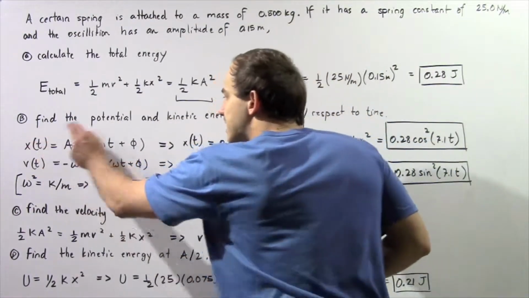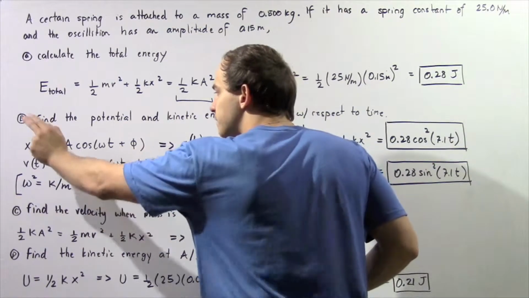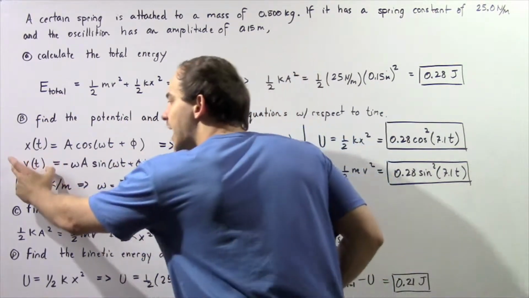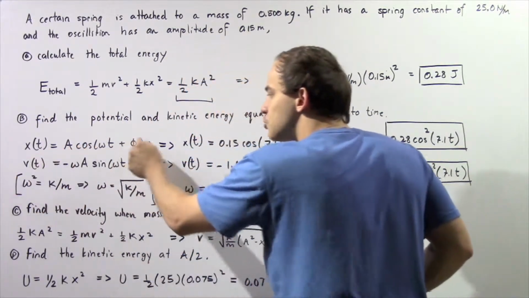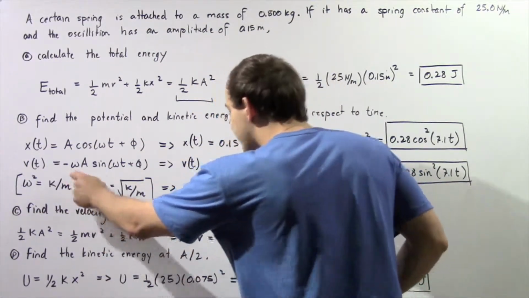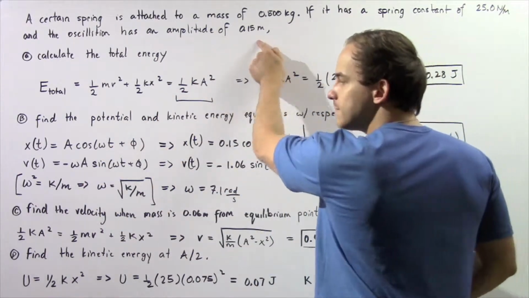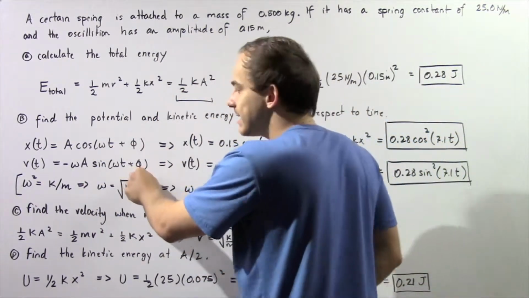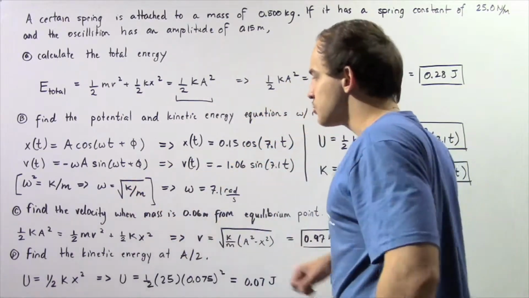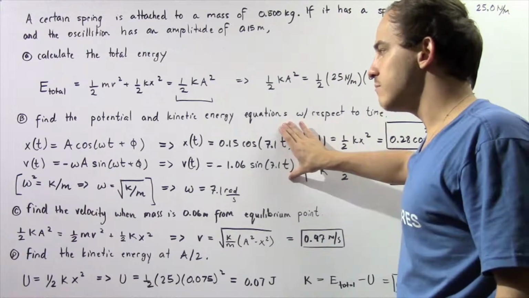So now if we take our derivative of our displacement function, we will obtain our velocity function. So this is the general formula for the velocity function. Once again, our omega is 7.1, our A is 0.15 and our phase angle is 0. So we're going to need to use these equations in just a moment.